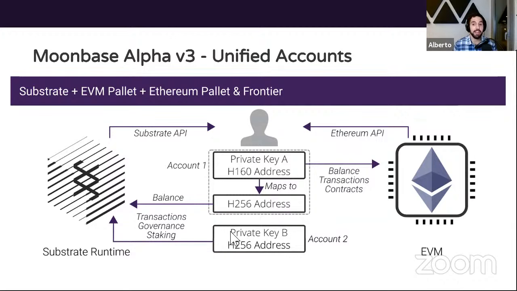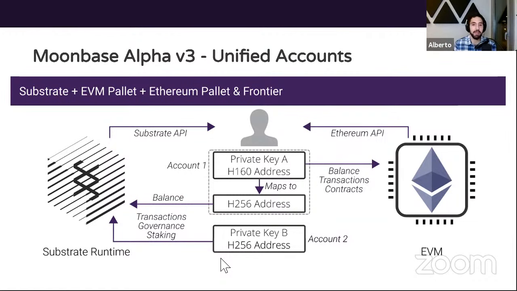With this private key, which uses a different signature scheme, you can sign the transactions that enable you to do staking, governance, and simple transactions through the Substrate runtime, right? So you need to have two separate accounts with two separate private keys to interact with the two separate runtimes, let's call it that, in our blockchain.